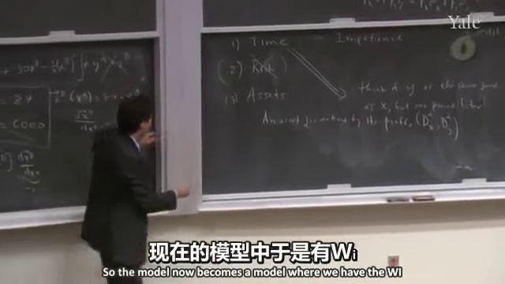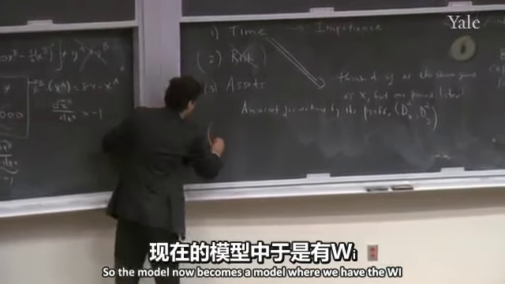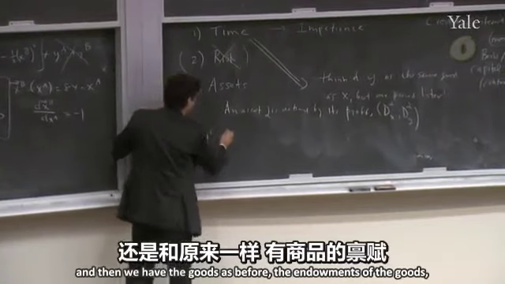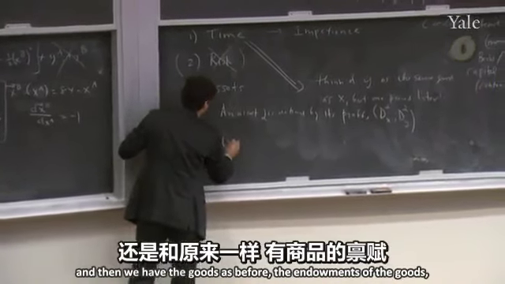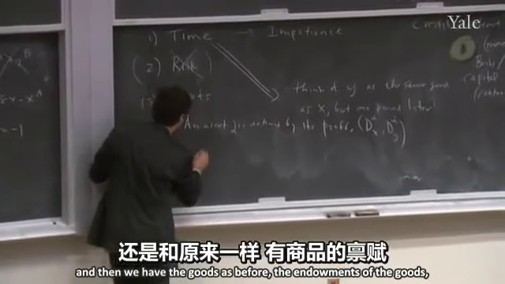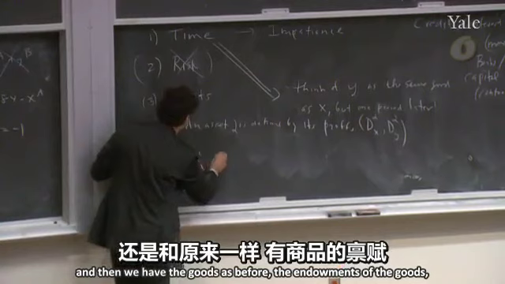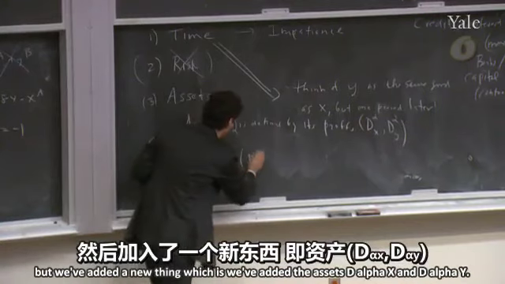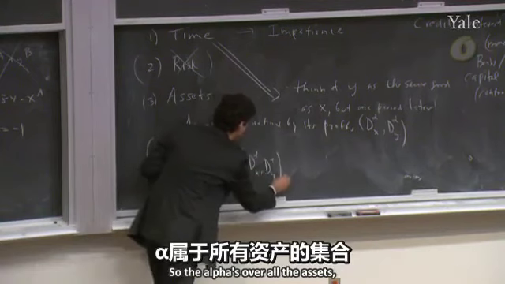So the model now becomes a model where we have the utilities, and then we have the goods as before, the endowments of the goods, but we've added a new thing, which is we've added the assets, d alpha x and d alpha y.